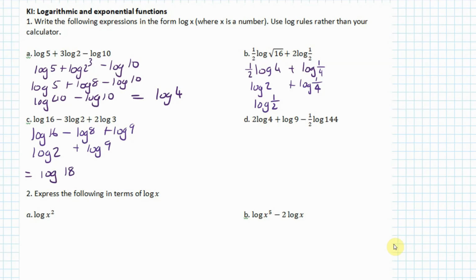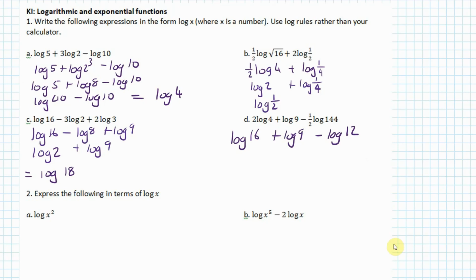And the next one, I would rewrite this as log 4 squared, which is log 16, plus log 9 minus log, now 144 to the power of 1/2, okay, which another way of writing it is square root 144, and another way of writing that is log 12.